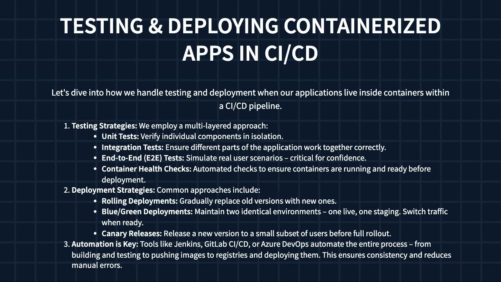These are super important for verifying the containers themselves are running correctly before we even think about deploying them. When it comes to deployment, we often use rolling deployments, which gradually replace older versions with new ones, or blue/green deployments where we maintain two identical environments and switch over when things are stable. And critically, almost all of this is automated using tools like Jenkins or GitLab CI/CD.